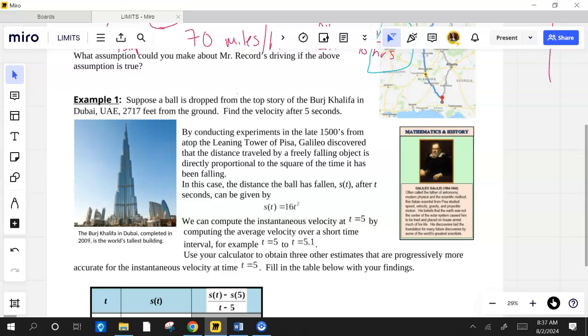All right. Suppose that a ball is dropped 2,717 feet from the ground. Find the velocity after 5 seconds. Impossible. Impossible? Why is it impossible? What's impossible about that?